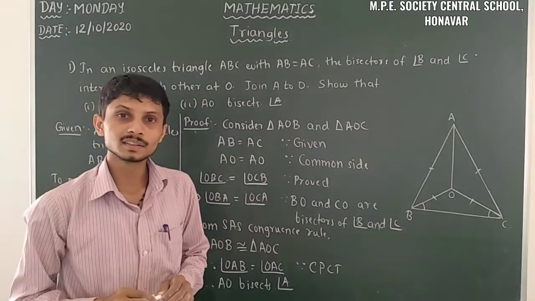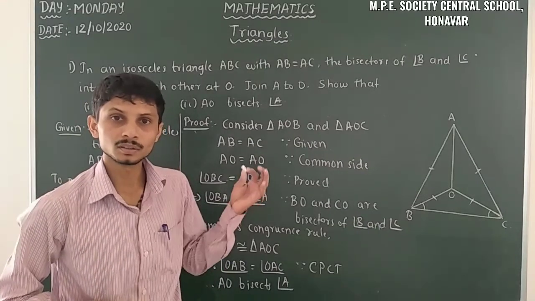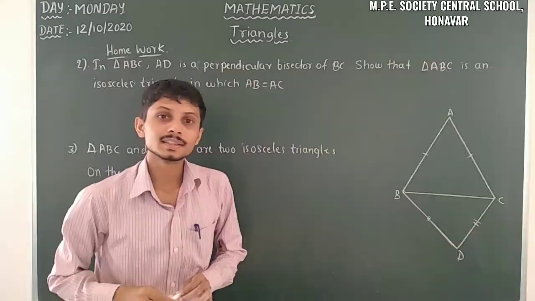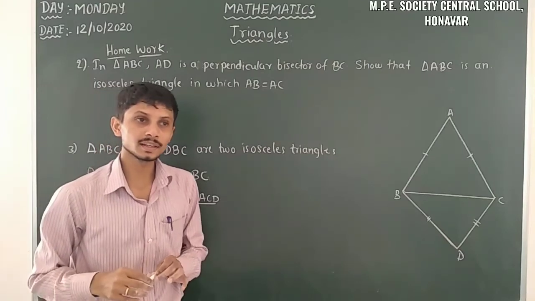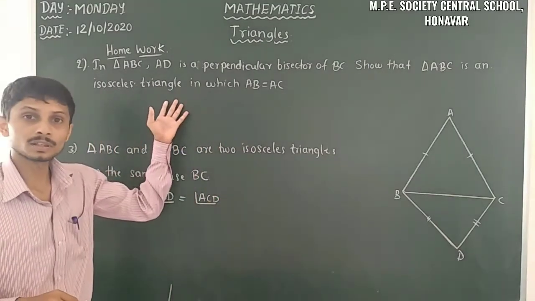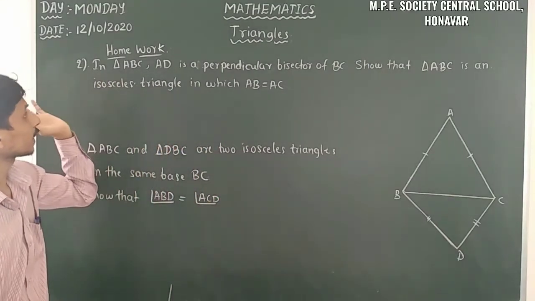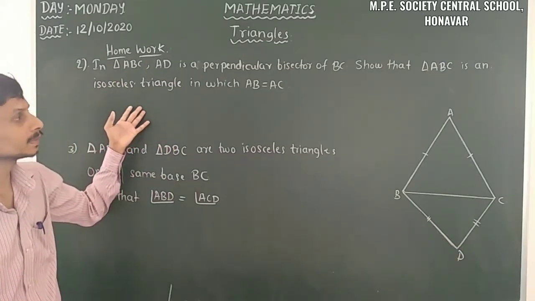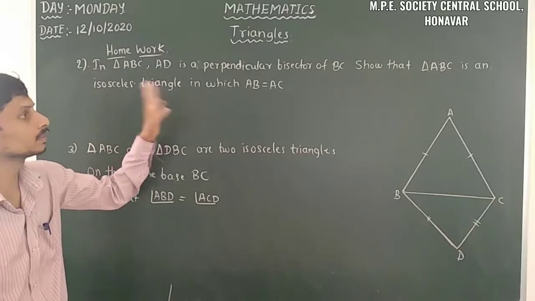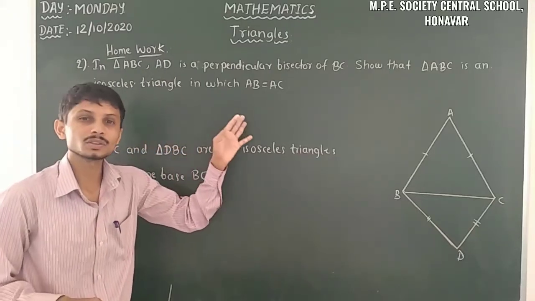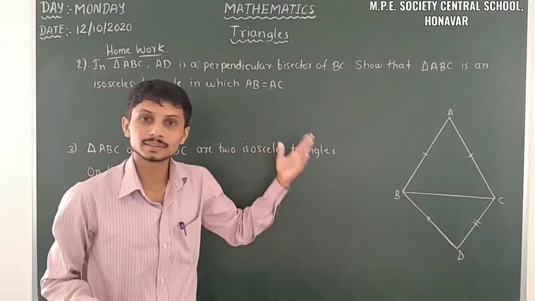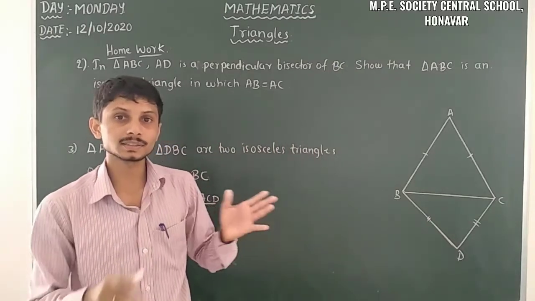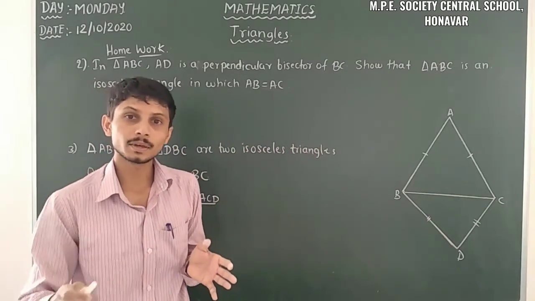So let us take some homeworks based on these theorems. Let us take two homeworks here. The first homework tells us that in triangle ABC, AD is a perpendicular bisector of BC. Show that triangle ABC is an isosceles triangle in which AB is equal to AC. This is the proof of theorem 7.3, the converse of theorem 7.2.